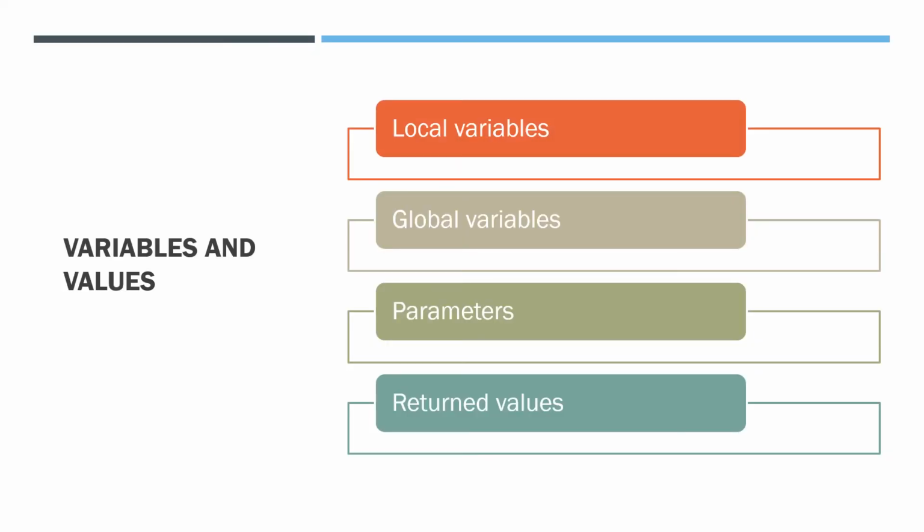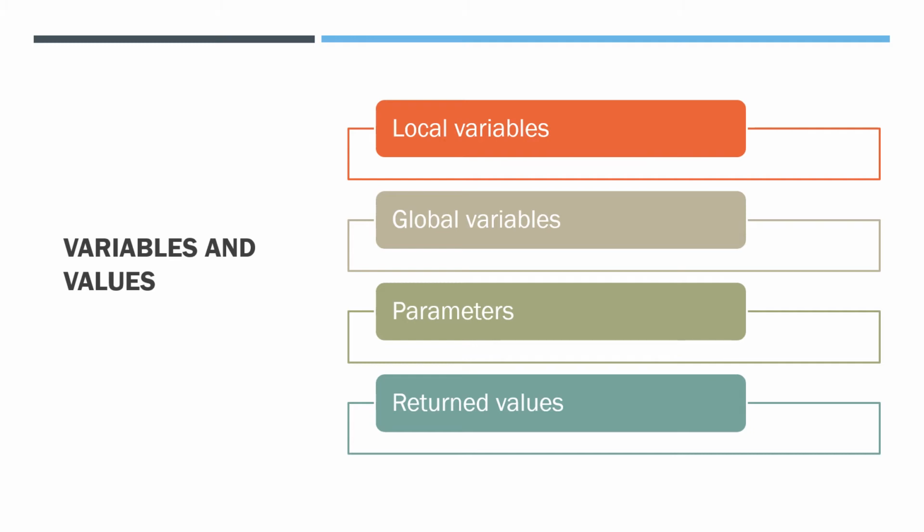Now we've learned a lot about how values are passed between the main program and our procedures and functions. There's two kinds of variables: local variables, which only exist within the memory of a function and disappear from memory as soon as the function is finished, and global variables, which are variables in the main program which can be overwritten by our functions and procedures, and we've learned that that's quite a risky way of writing our programs.